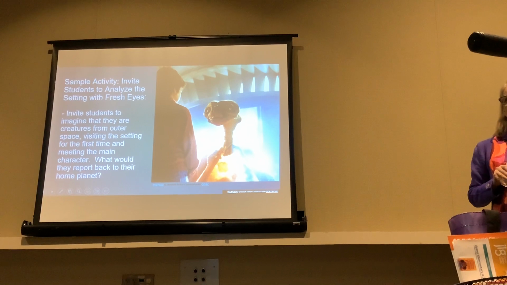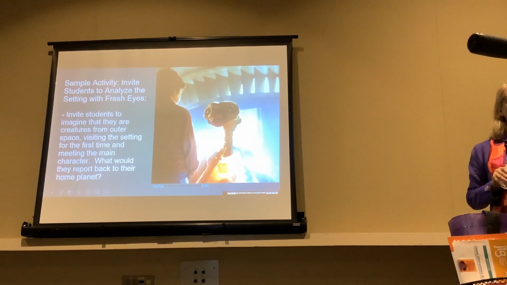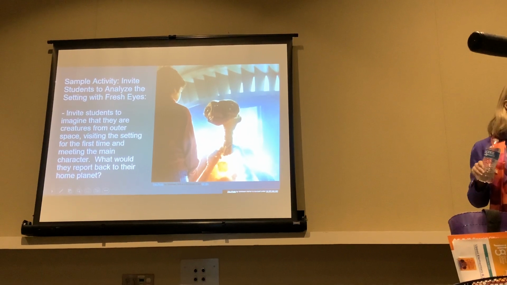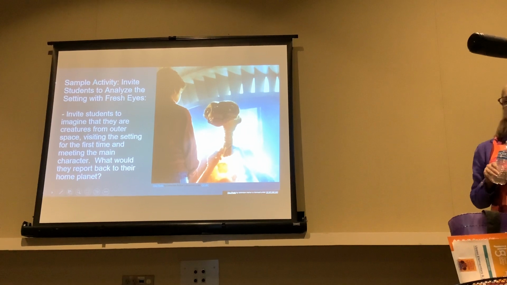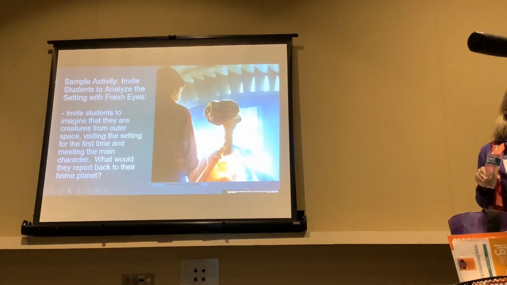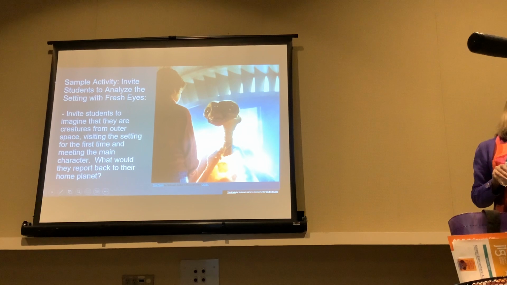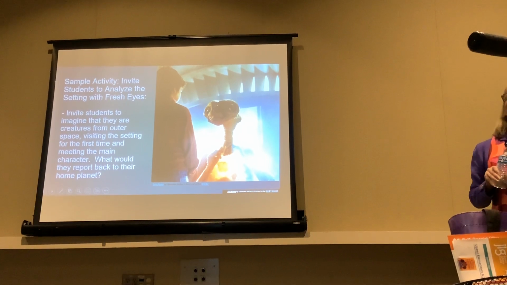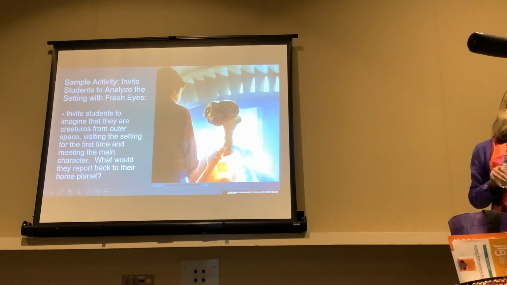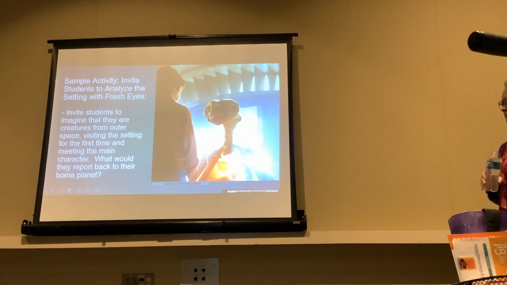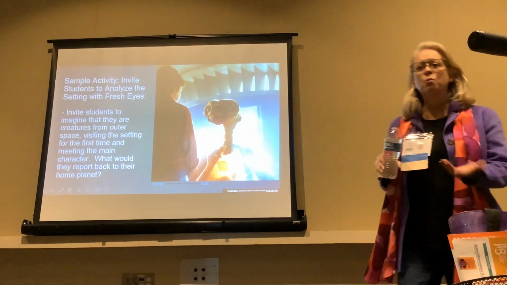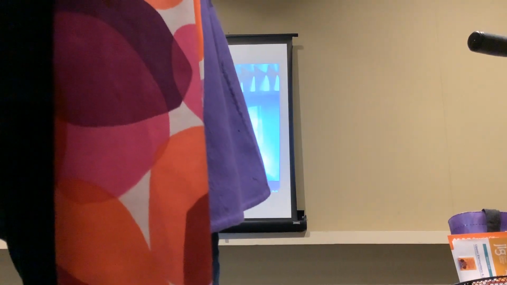What would they report back about the way that our group governs itself? What would they report back about the people they meet? What would they report back about the science, the technology, the engineering, the artistic, and the technological things that they find when they get here? And what would they consider important and what would they not? And part of that would depend on where they're coming from. And so your students can create a whole backstory there.